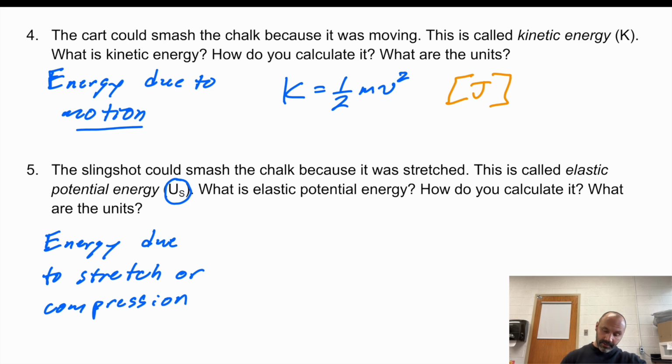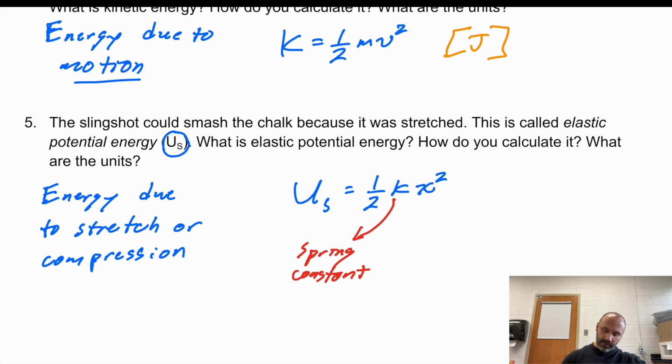Okay, the way that we calculate this, US, this really actually depends on the kind of spring, the kind of elastic device that you're using, but there's a standard kind of spring that we call a Hookean spring. You don't need to know this, and the way to calculate the potential energy of a spring of that kind is 1/2 kx squared. Okay, now what do these mean? K is what we call the spring constant. And the spring constant has units of newtons per meter.